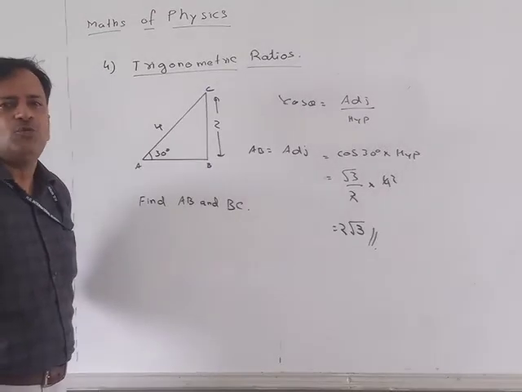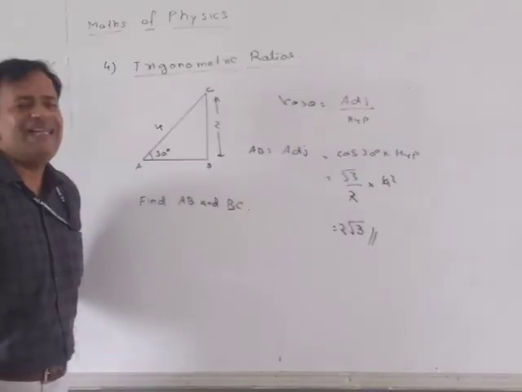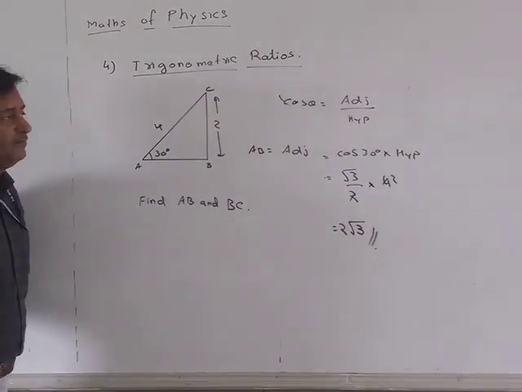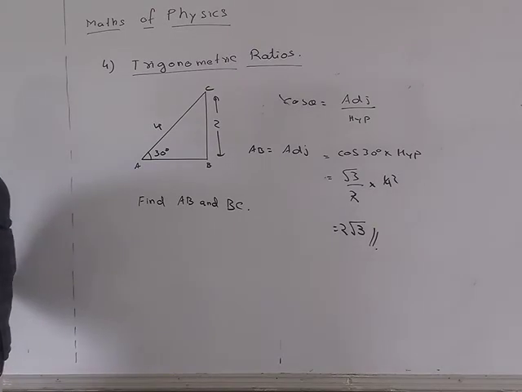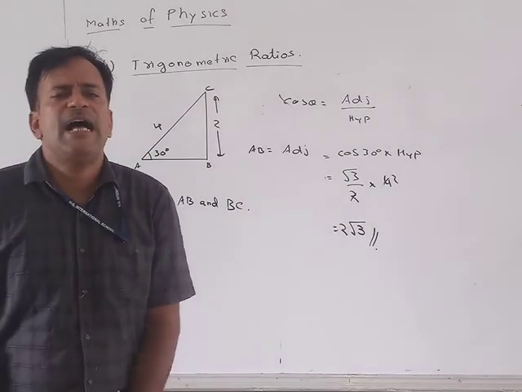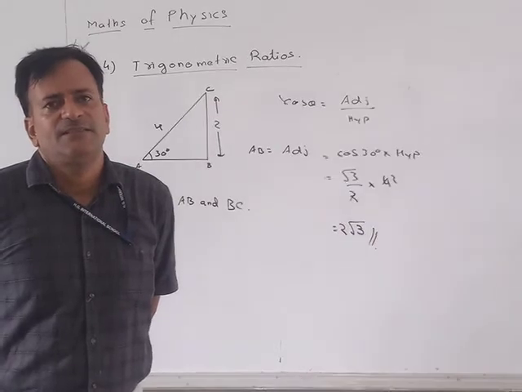This is how we can use trigonometry to measure various heights and distances. All the best. This was the topic of trigonometric ratios, and these trigonometric ratios are somewhat interrelated.